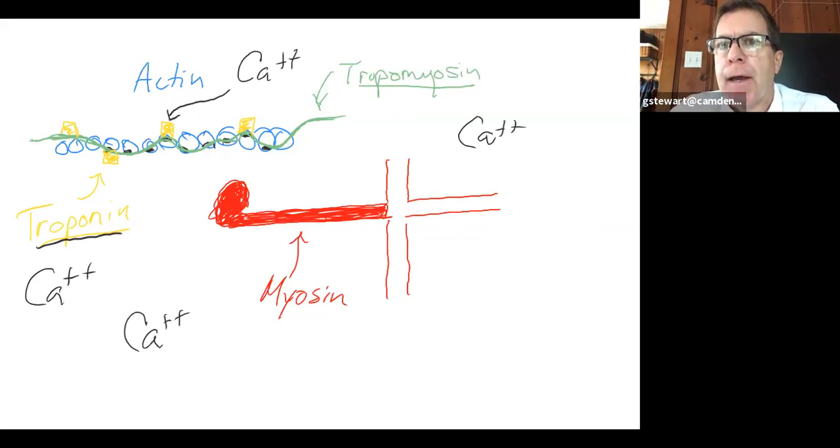When calcium ions bind to troponin, it lifts tropomyosin off of actin, exposing these binding sites.